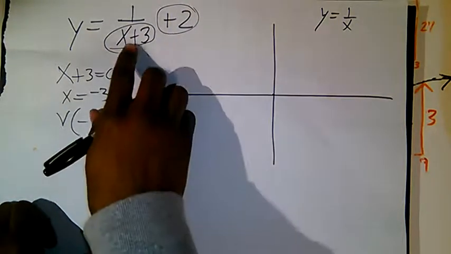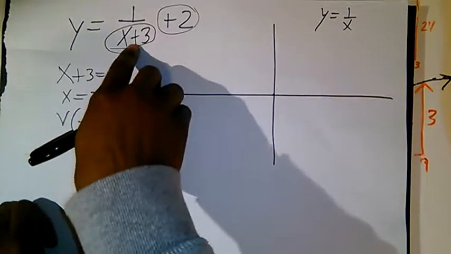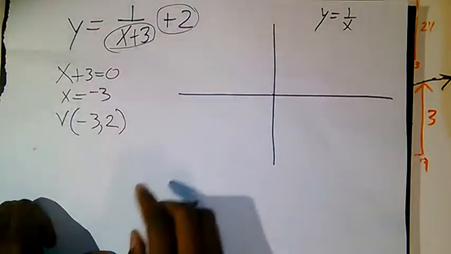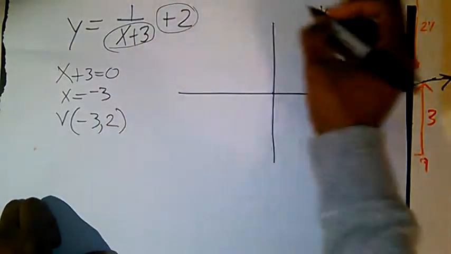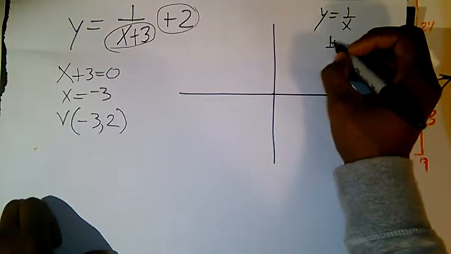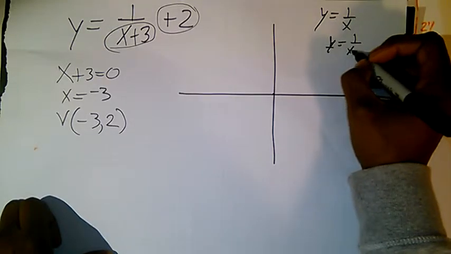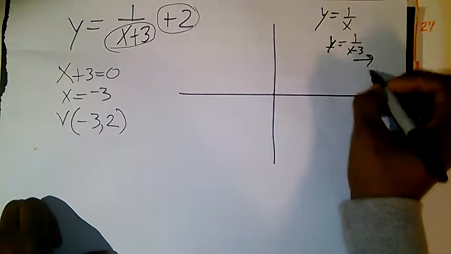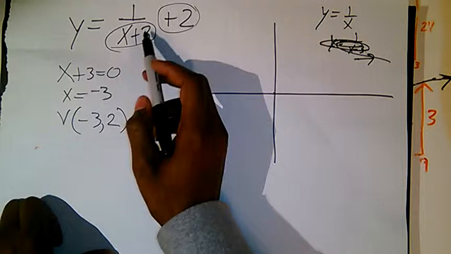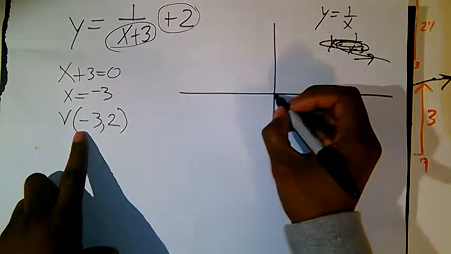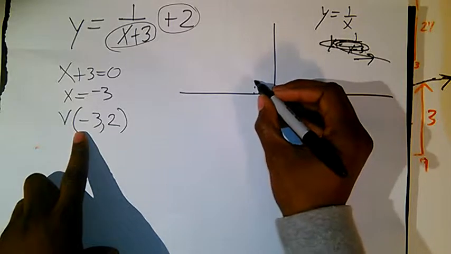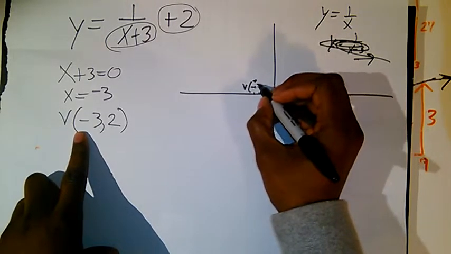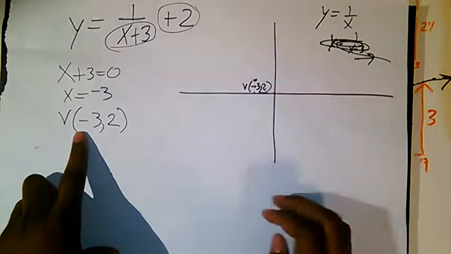One thing to remember is when you add to x, you go left. If it were y equals 1 over x minus 3, we're going to go to the right. So we're going to go left. 1, 2, 3. That's where our vertex is, and we're going to go up twice. 1, 2. So our vertex is here. -3, 2.